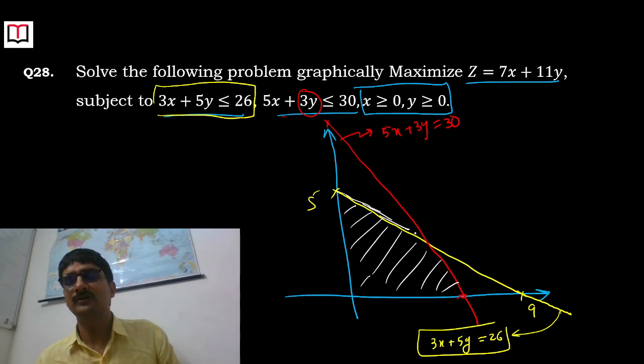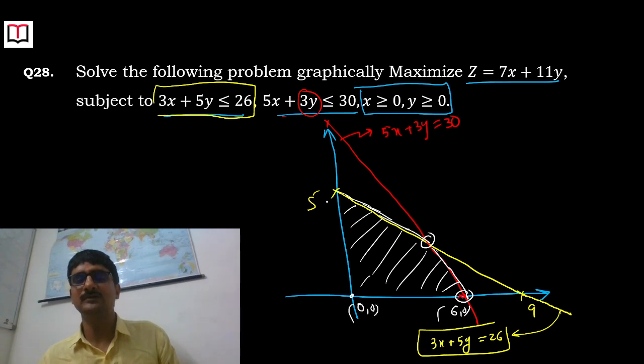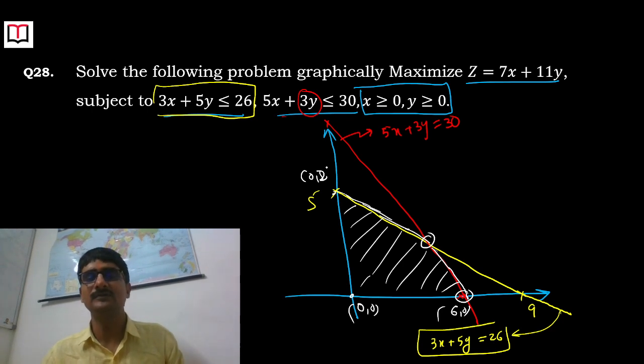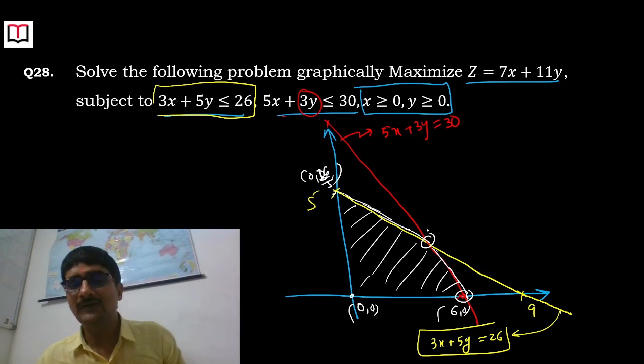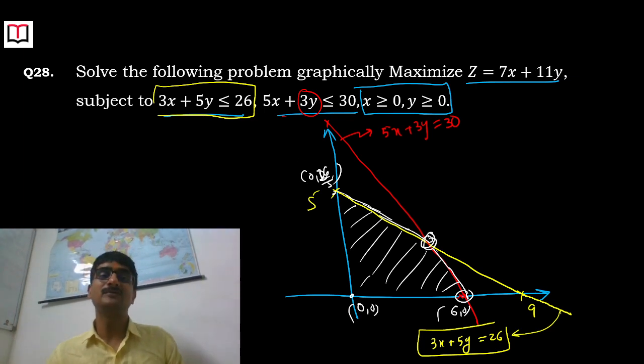Okay, so how many corner points do we get? 1, 2, we know it. This is 6 comma 0 if I'm not wrong. This is, we all know, 0 comma 0, and this is already marked, 0 comma 26 by 5. We have to find this point, and how do we do it? By solving these two equations simultaneously, children. That is what you need to do.